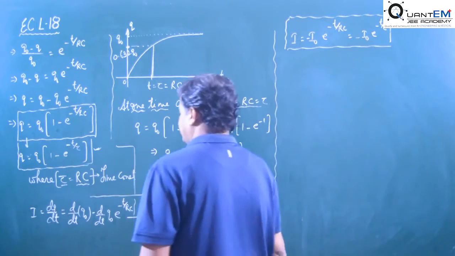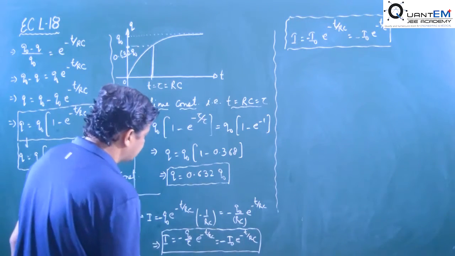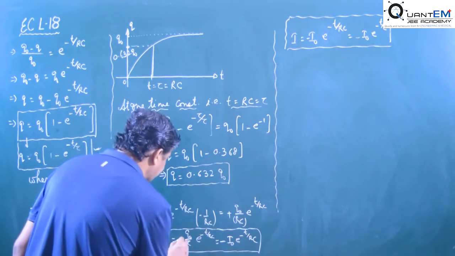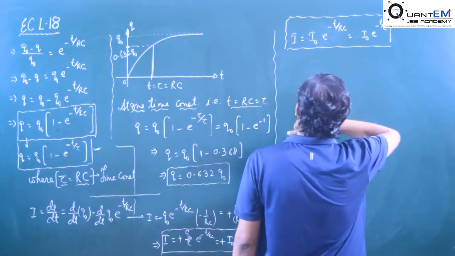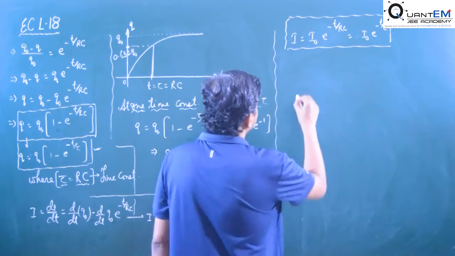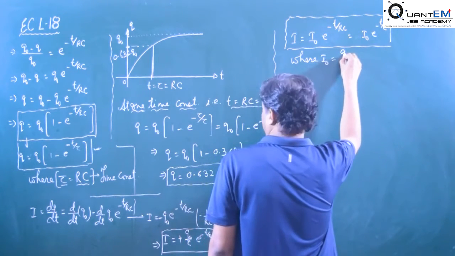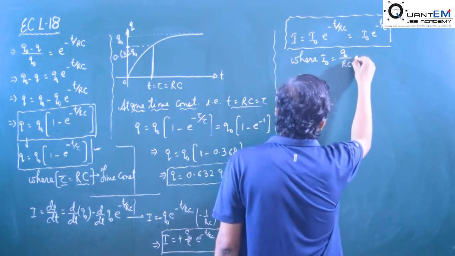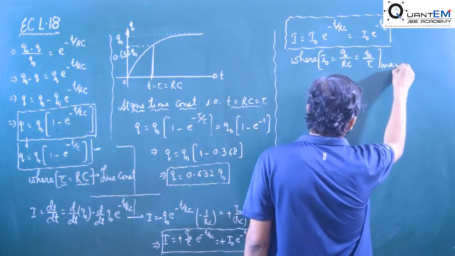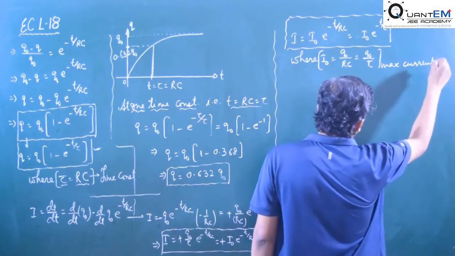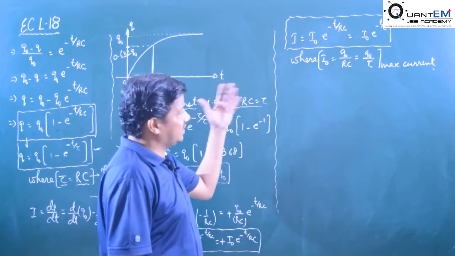See here, we had a minus, and Q naught is plus, so it is a positive sign, and it is a positive sign. Where I naught is equal to Q naught divided by RC, that is also Q naught by tau. That is the value of maximum current which will be flowing through the RC circuit.